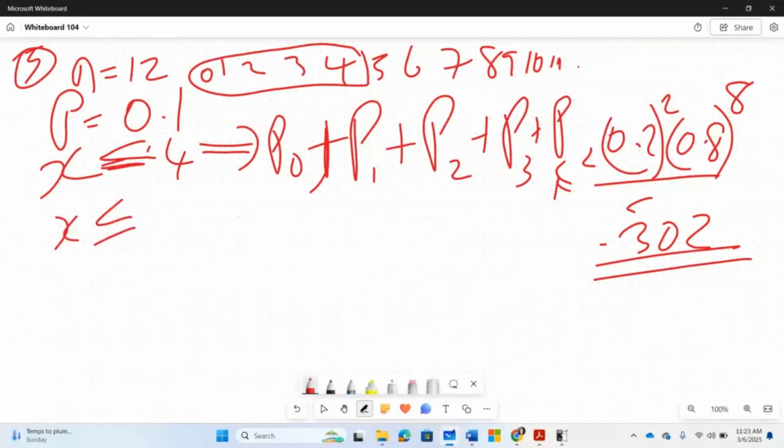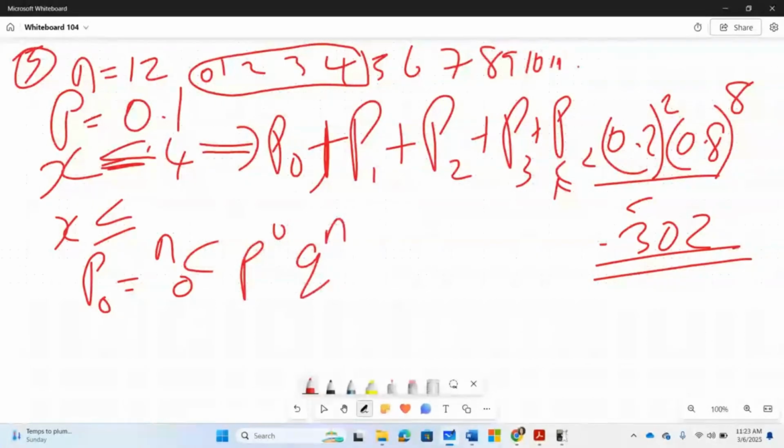We find P0, and P0 stands in as n combination 0, success to power 0, failure to power n minus 0. P1 is n combination 1, success to power 1, failure to power n minus 1.